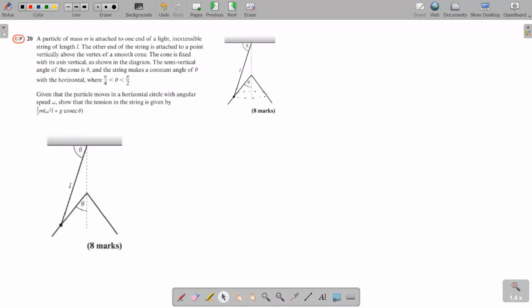All right, so let's mark all the forces acting on this. I have taken a larger diagram here to make it easier for us. So basically the particle is on the surface of the cone. You have the normal reaction, and then you have the weight.